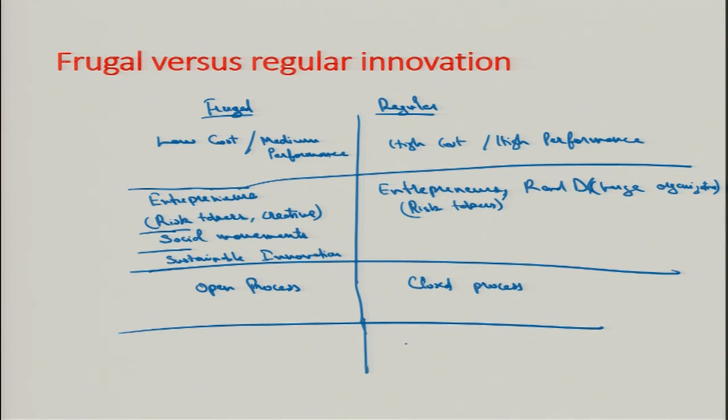It is used by the innovators or early adopters, the people who have high income, high education or high risk taking. Frugal innovation is generally used by the laggards.